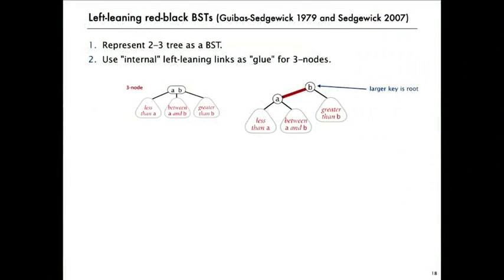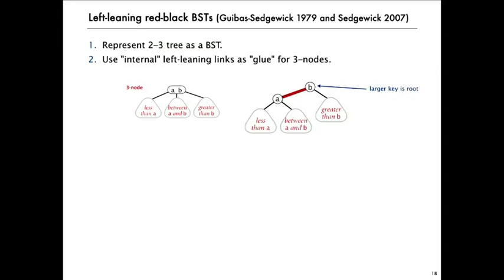The larger of the 2 nodes in the 3 node will always be the root of a little binary search tree of size 2 for the 3 node. And the left link that links the larger key to the smaller one, we'll color red, to distinguish those links from the other links in the binary tree so that we can tell when we're inserting things which nodes belong to 3 nodes and which ones don't.